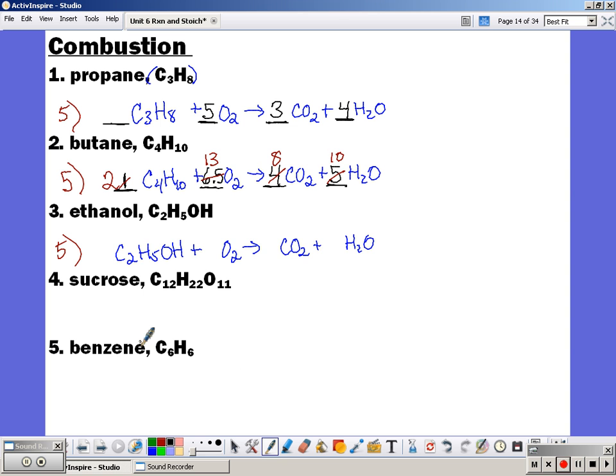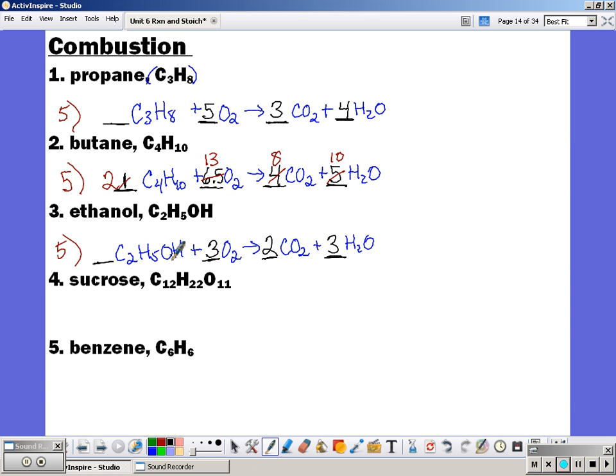Two carbons, 1 carbon, multiply by 2. 5 plus 1 is 6 hydrogens, times 3 is 6. 4 plus 3 is 7 oxygens. Because my oxygens are split up, I don't really want to put a coefficient in front of my ethanol. So I have 1 oxygen, I need 6 more so I can put a 3. 6 plus 1 is 7 and I'm balanced.